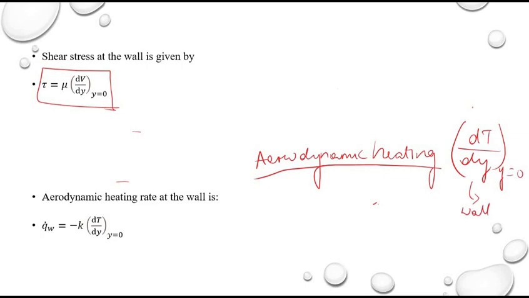If I want to write the aerodynamic heating rate at the wall, that is, energy per second per unit area, it can be mathematically written as Q dot W equal to minus k multiplied by the temperature gradient at the wall.